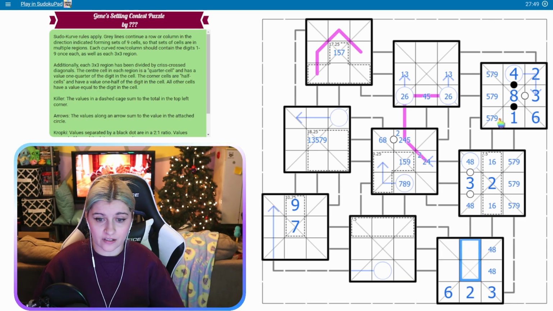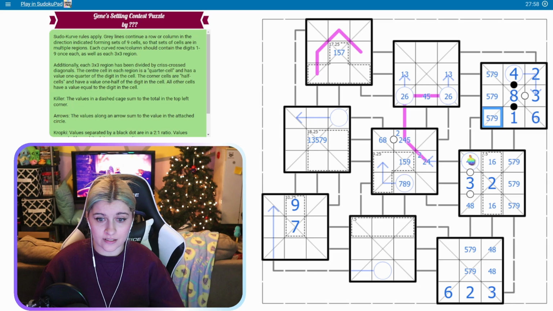These two cells are a 5, 7, 9. So then I have 1, 2, 3, 4, 5, 6, 7, 8, 9. I can feel the hamsters in my brain spinning on their wheels. 5, 7, 9 is still fine here.